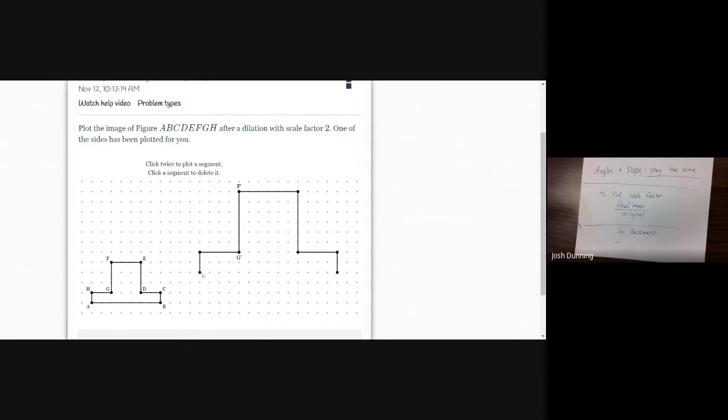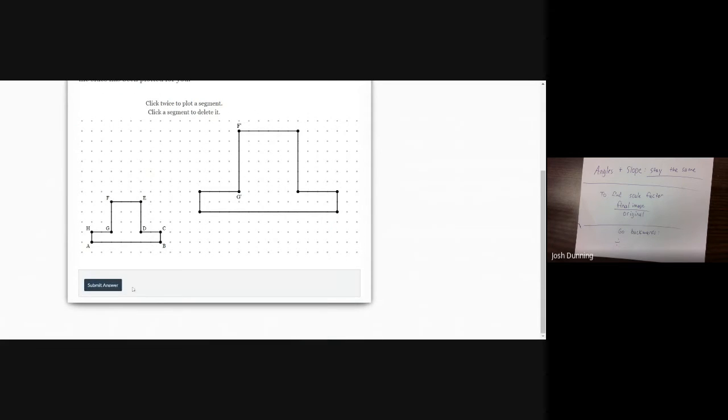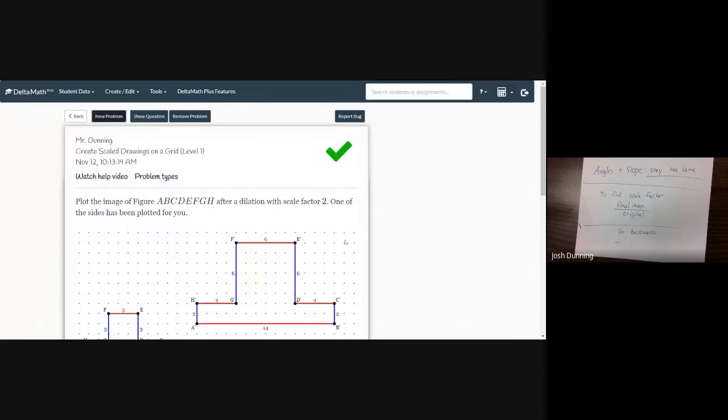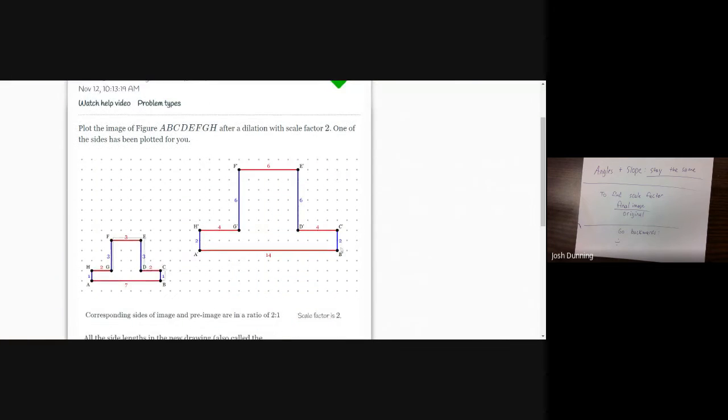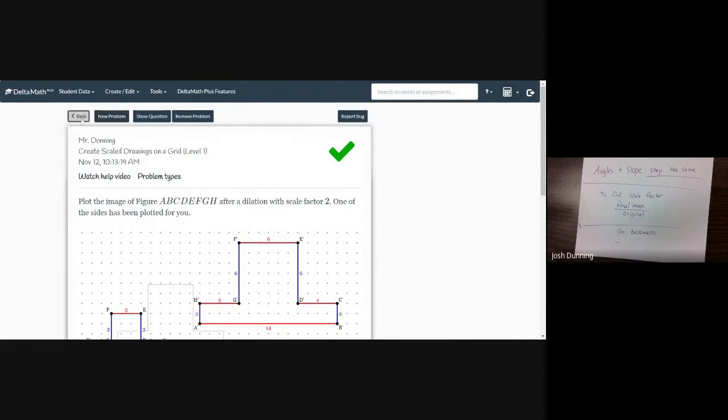And then, oops. Jeez. There. Now we'll connect the end. There we go. It's pretty easy when all the sides are vertical or horizontal.